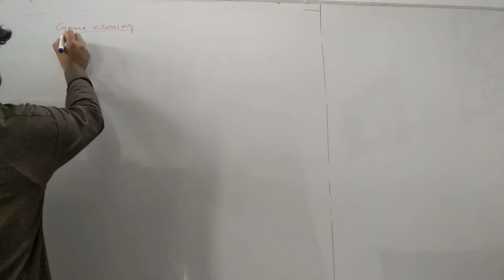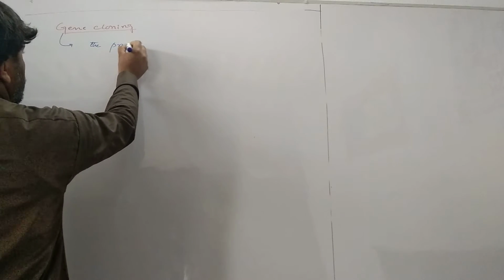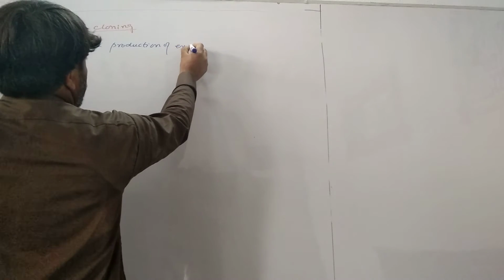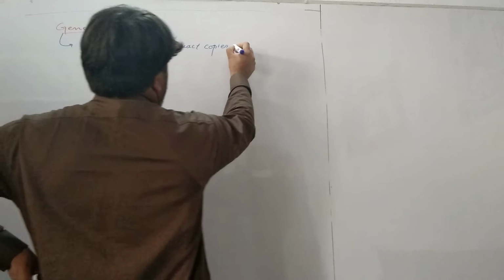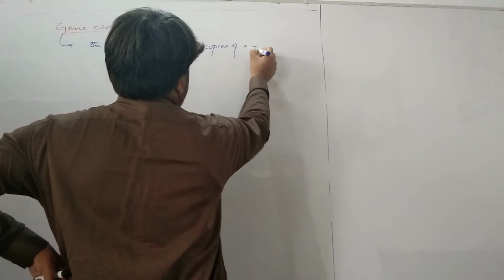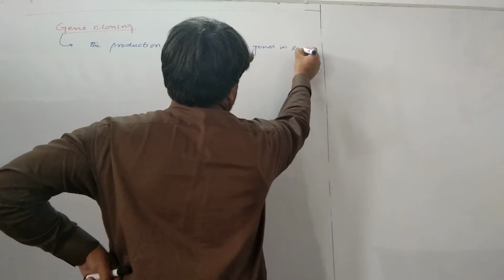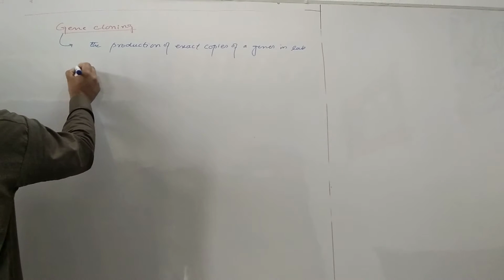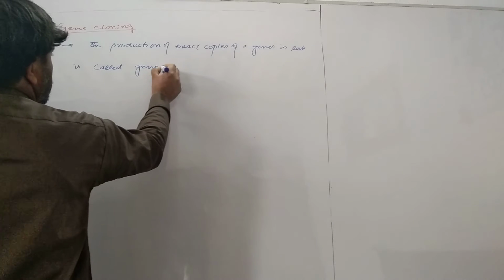What is the meaning of gene cloning? The production of exact copies of a gene in lab is called gene cloning.